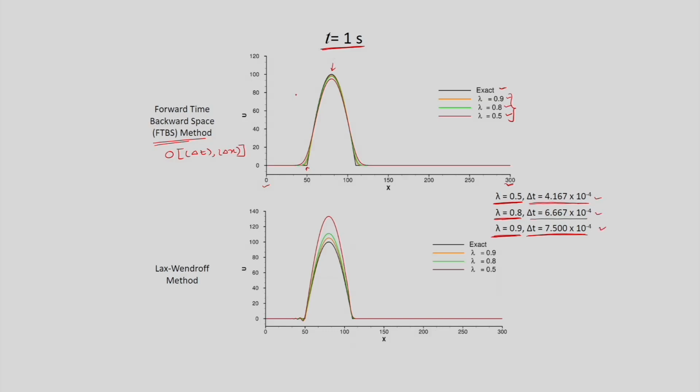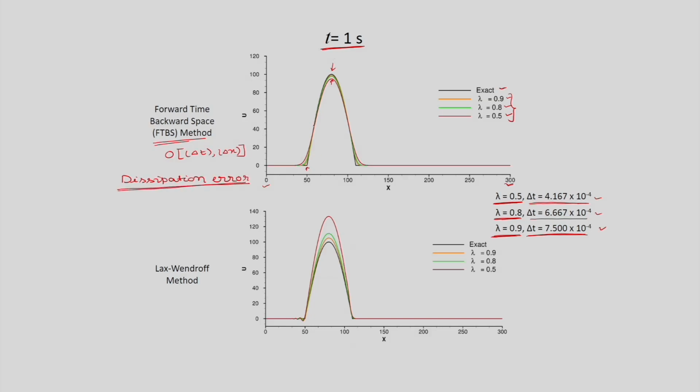If you decrease your lambda, you get more error, and this error will be dissipation error, because what you have neglected is order of delta t, and that will contribute to the dissipation error.